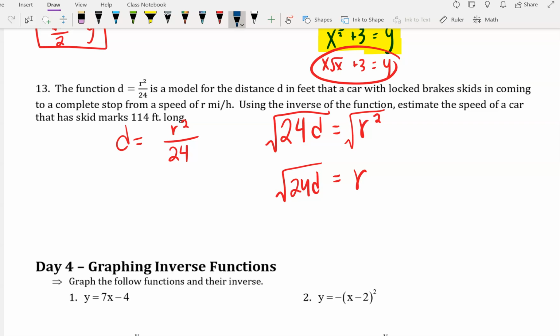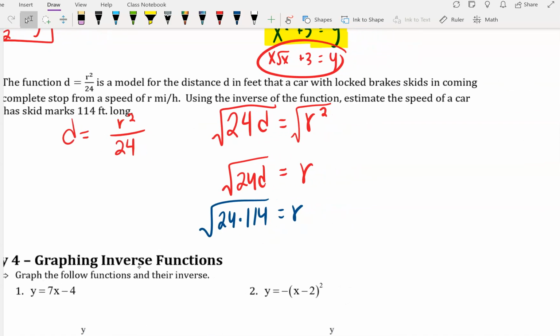So the distance of the skid marks was 114 feet. 24 times 114. And then I'll just type that into my calculator, square root of 24 times 114, and I got 52.3. We're trying to find the speed, so that would be 52.3 miles per hour. So I'm going to write that as mph.